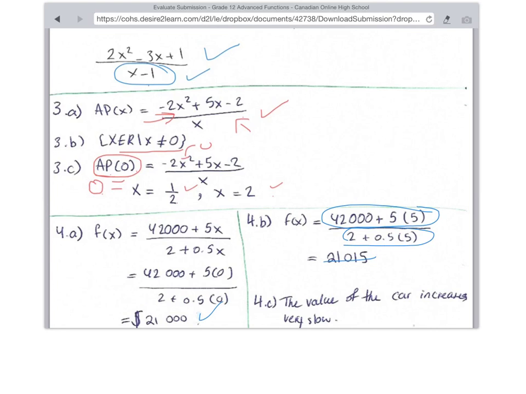And so the answer here should be $9,338.89. The value goes down over the 5 years that the car is being driven, and now is worth just about half of what it was before. And so the answer to question C is that the value of the car decreases or goes down each year. Okay.